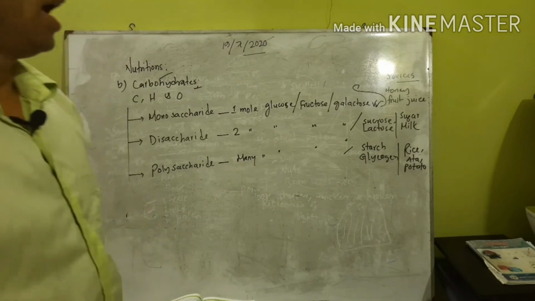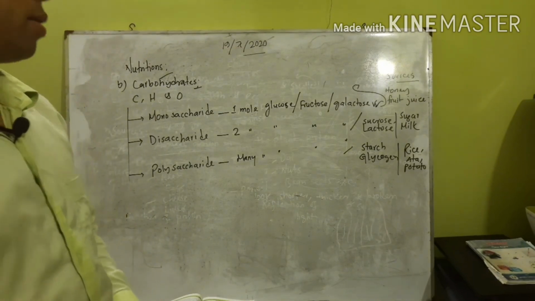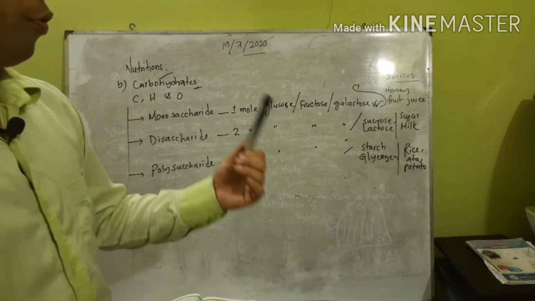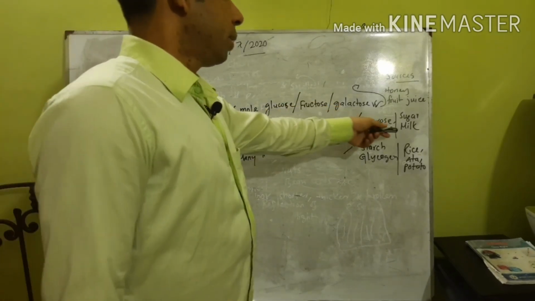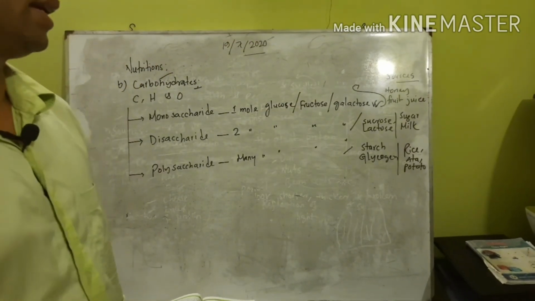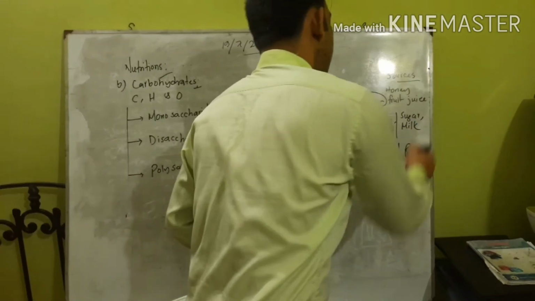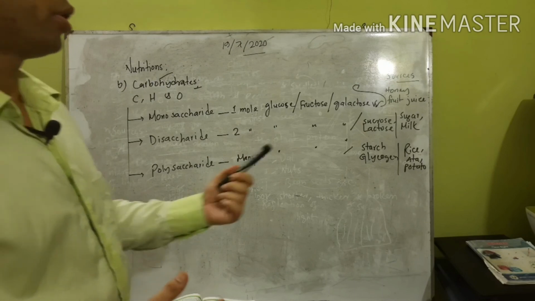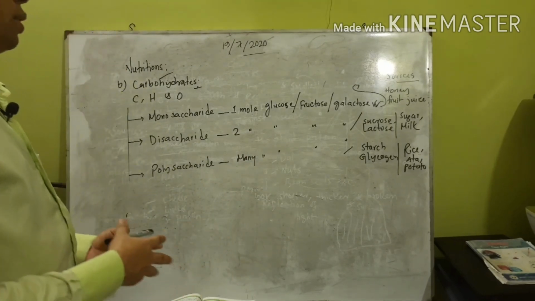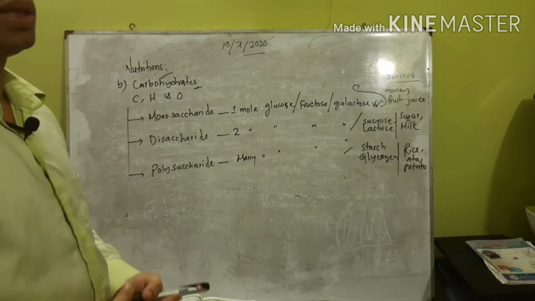And sources: honey, also an example of glucose; fruit juice, also an example of glucose, fructose or galactose, or monosaccharide; sugar, milk, examples of sucrose, lactose or disaccharide; and rice, atta, potato are related to polysaccharide.